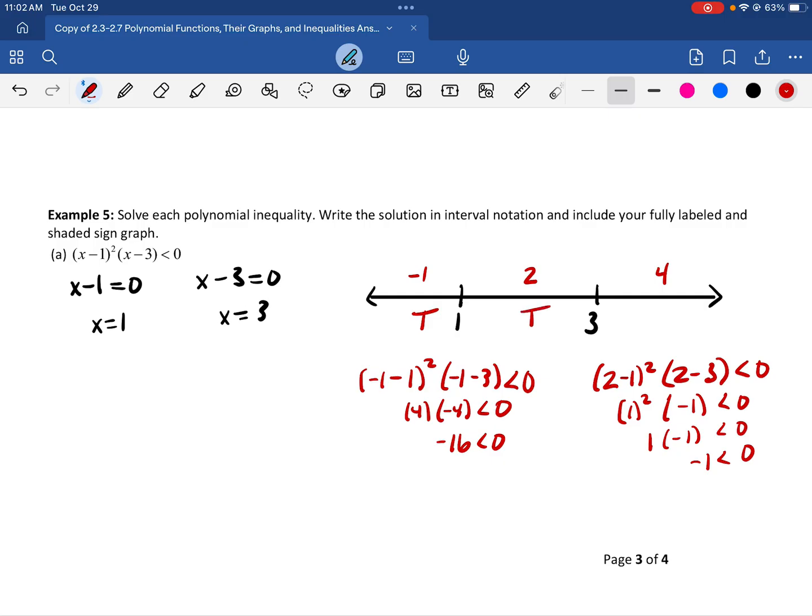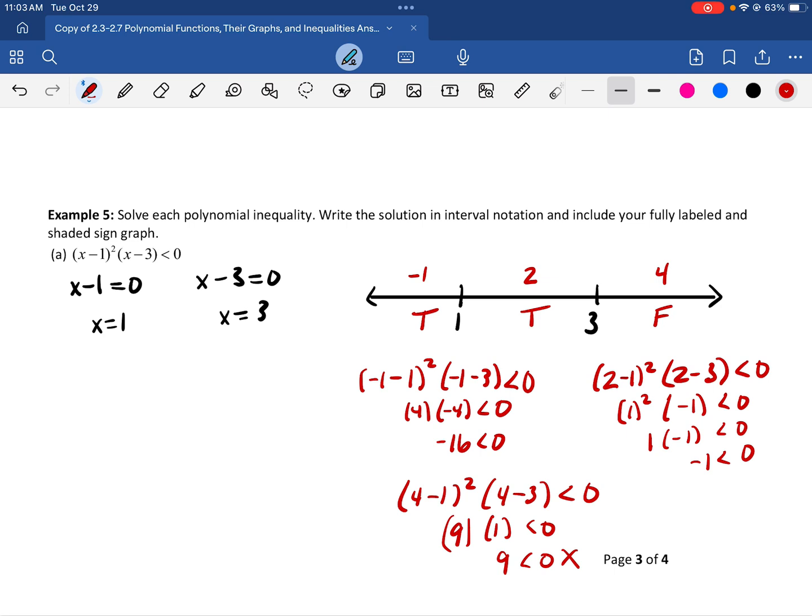And then let's test 4. 4 minus 1 is 3. Squared is 9. 4 minus 3 is 1. 9 times 1 is 9. 9 is not less than 0, so this one is false.